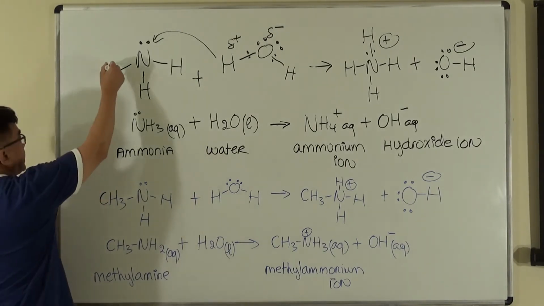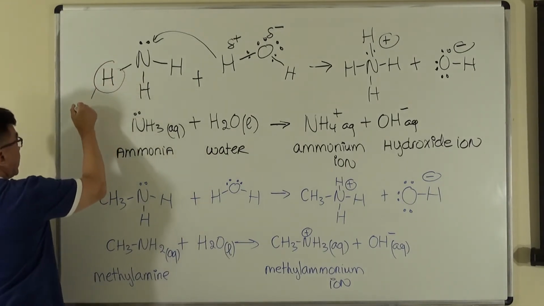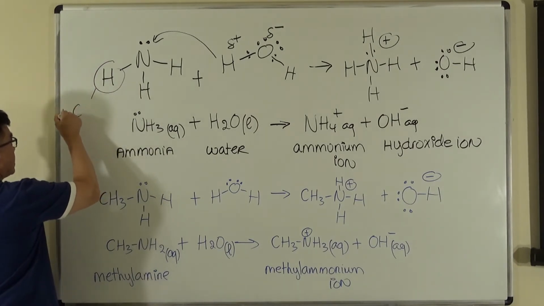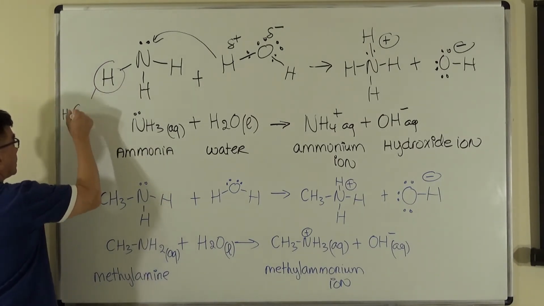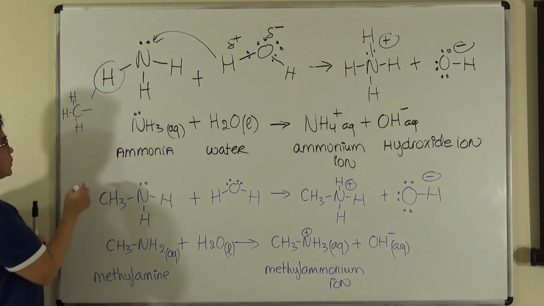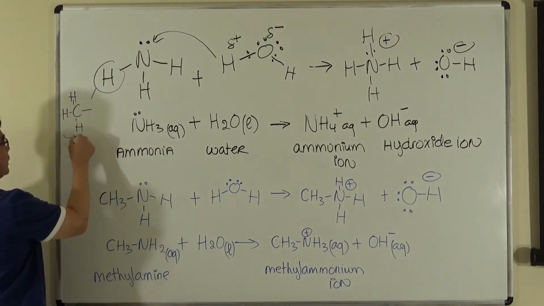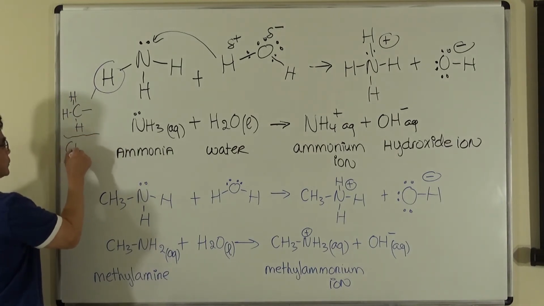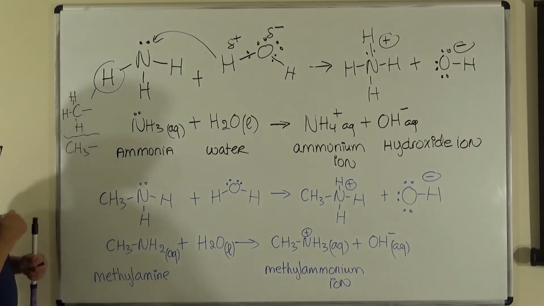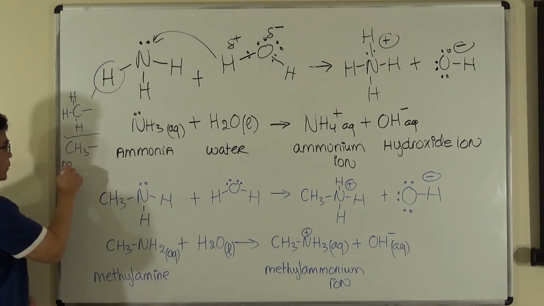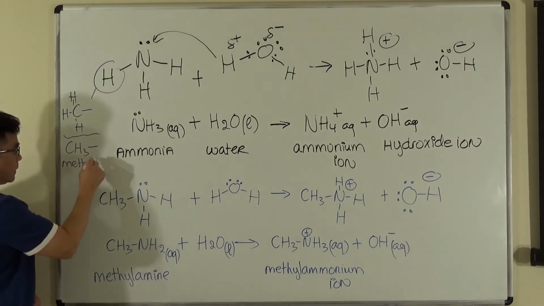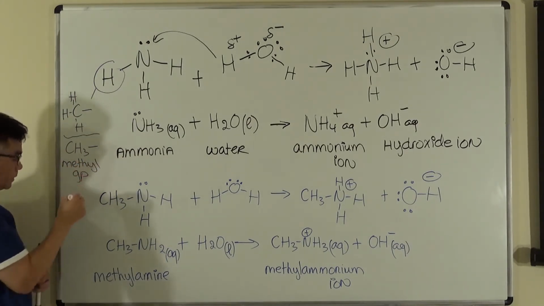Now, if you replace one of these hydrogens with a CH3 group, the carbon attached to this nitrogen, you can write it as CH3 like this, and it's called a methyl group.